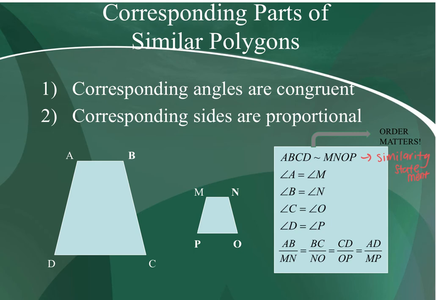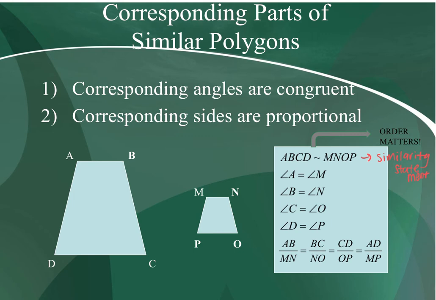Every single side and every single angle would match up. The same thing applies to similarity statements. So angle A should be the same measure as angle M. Angle C should be the same measure as angle O. And angle D should be the same measure as angle P. Now, their sides are not all going to be the same, but they're all going to be proportional.